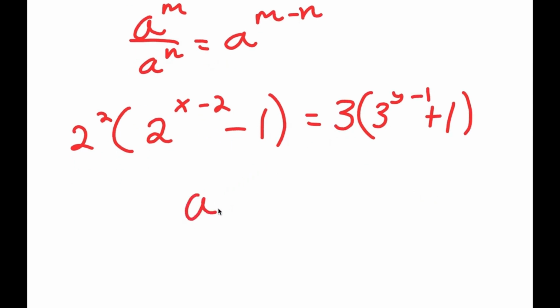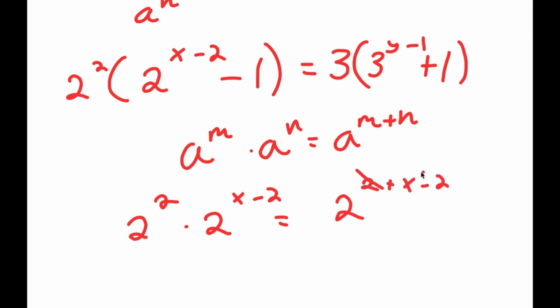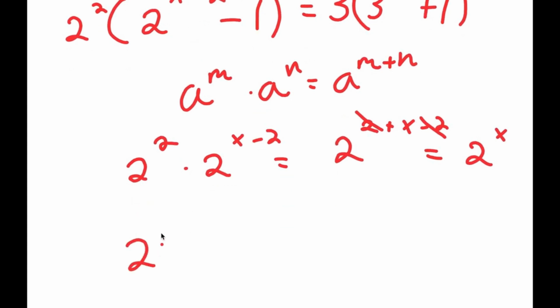Now from here, if I have something in the form a to the power of m times a to the power of n, this is equal to a to the power of m plus n. So 2 squared times 2 to the power of x minus 2 is equal to 2 to the power of 2 plus x minus 2, and the 2 and negative 2 cancel out, so I just get 2 to the power of x.